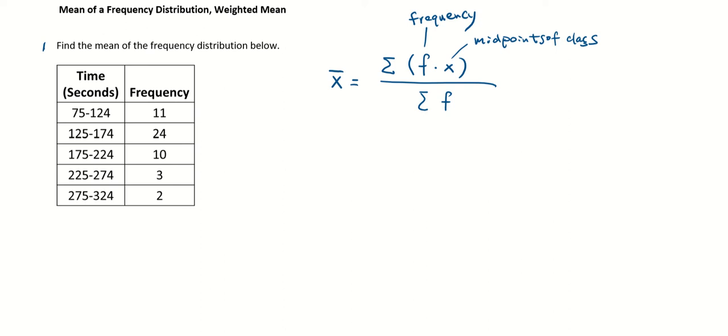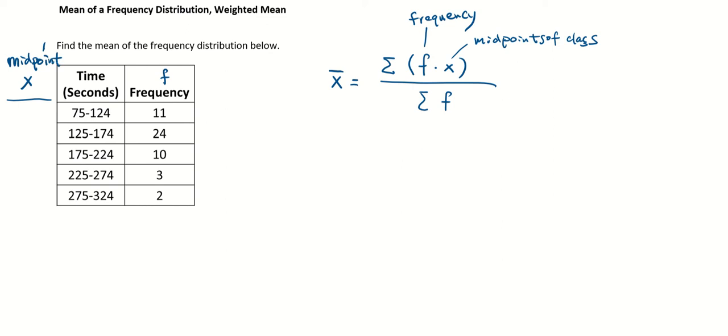So how do we do it? First of all, it's pretty obvious that the frequency will be f, right? And what is x for each class? It is the midpoint of each class. So I'll make a chart right here for x, the midpoint.